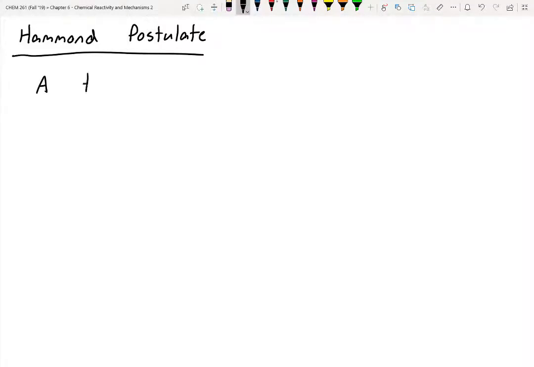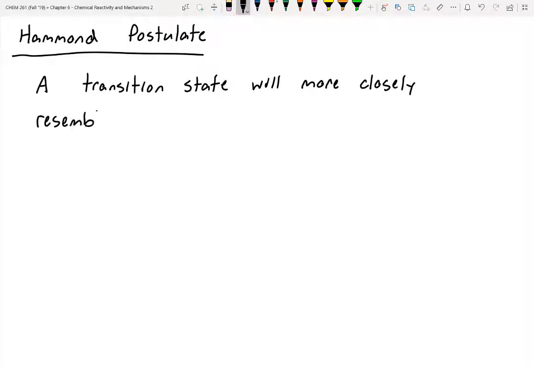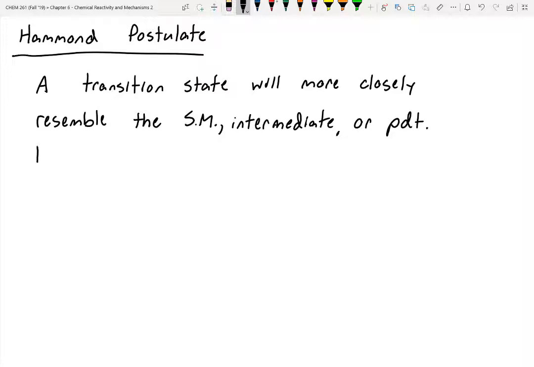It means that a transition state will more closely resemble the starting material, I'll just abbreviate starting material SM, intermediate, or product that is closest in energy.